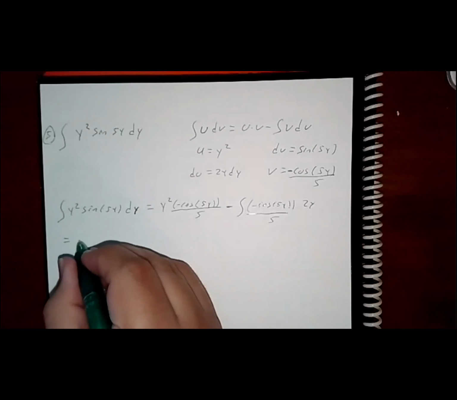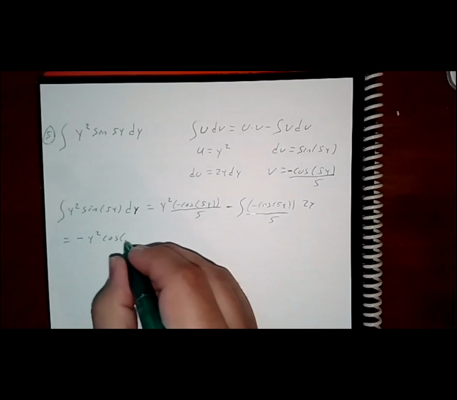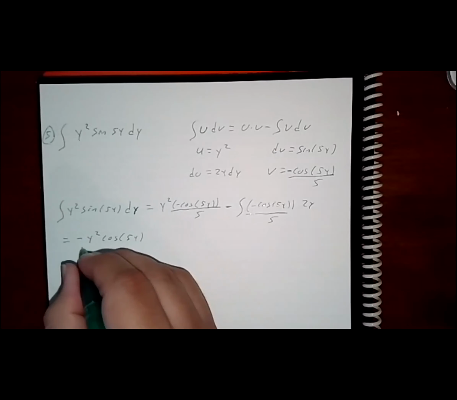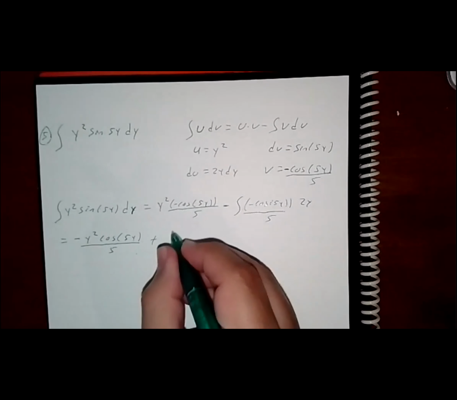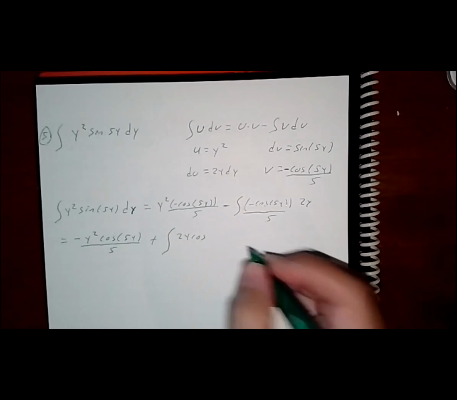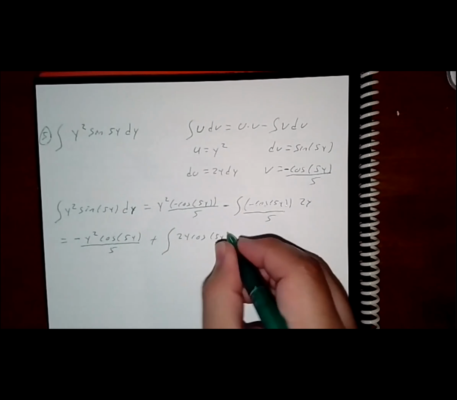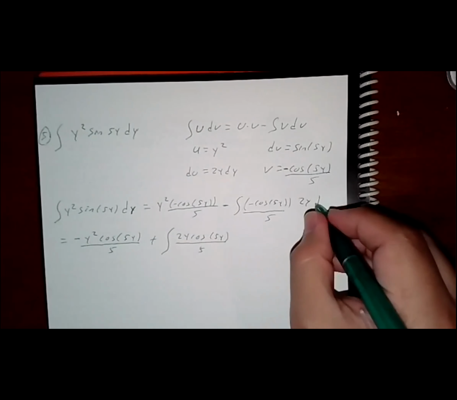So this will be negative y squared cosine of 5y over 5, minus minus will be plus the integral of 2y cosine of 5y over 5. I forgot to put my dy there.